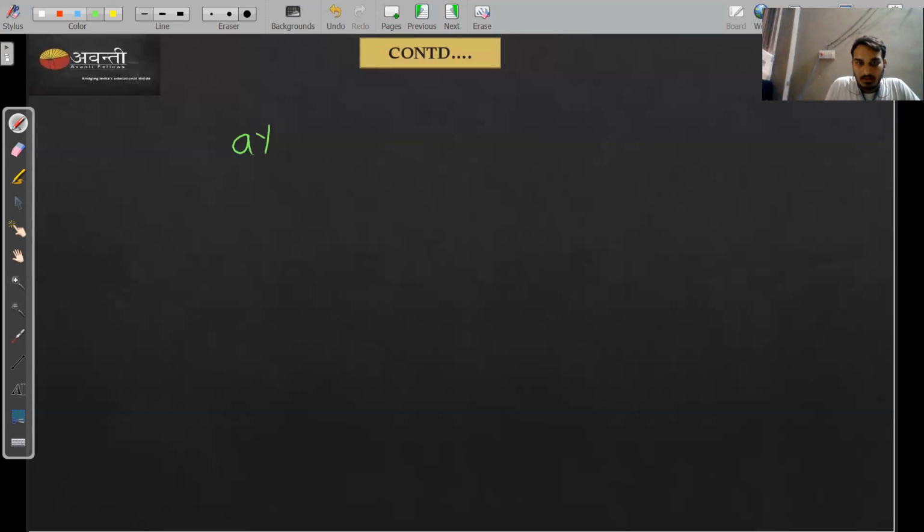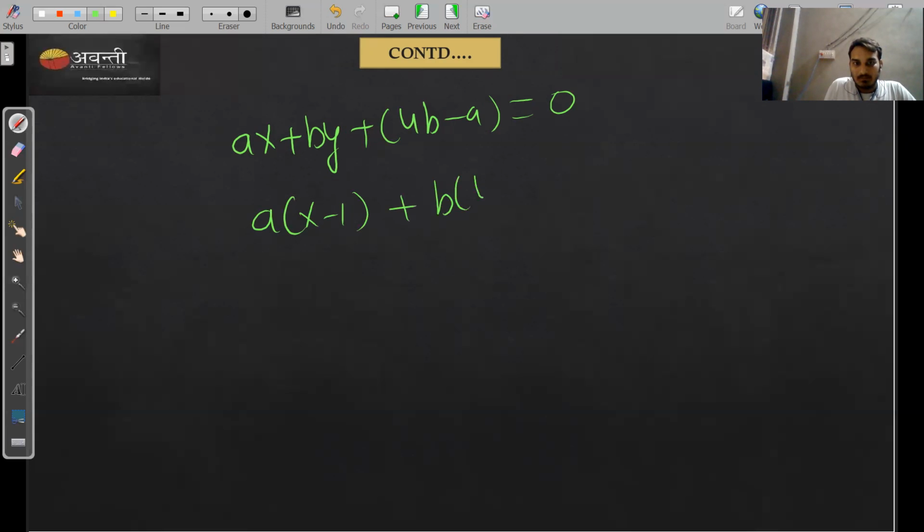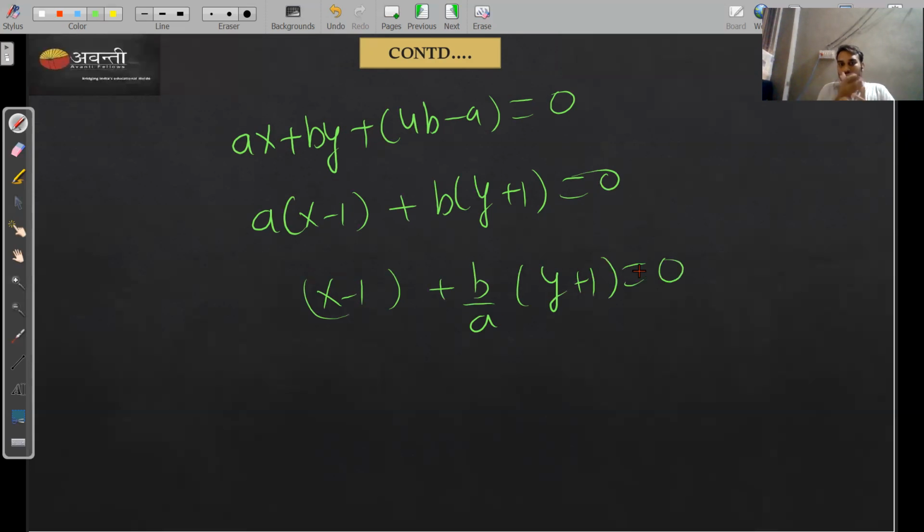You get AX plus BY plus C, where C is 4B minus A, is equal to 0. So when you rearrange it, you get A times X minus 1 plus B times Y plus 1 is equal to 0. So X minus 1 plus B by A times Y plus 1 is equal to 0. I'm dividing the whole equation by A, right? So now see, this is lambda. So this is now L1 plus lambda L2.